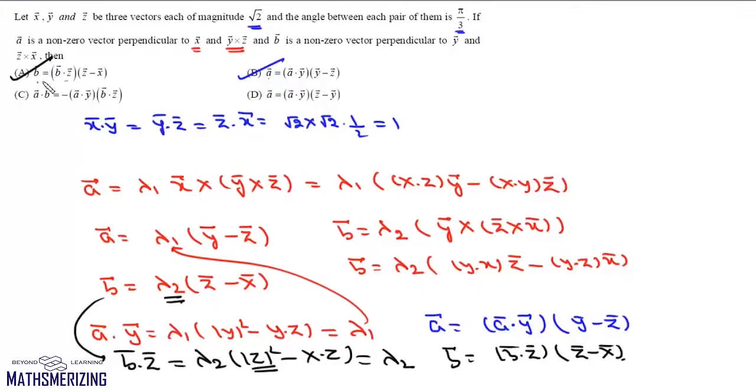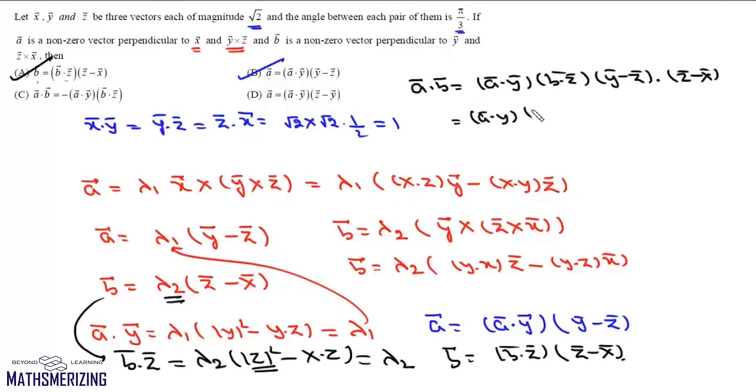Now if we take dot product of these two options, then we can write A dot B will be equal to A dot y into B dot z, and into y minus z dot z minus x. So it will be A dot y B dot z, and here will be y dot z minus x dot y minus mod of z square plus z dot x.